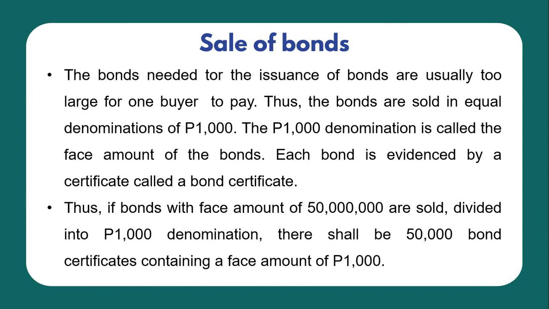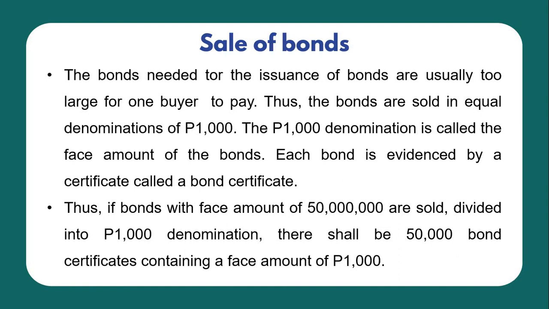So, how does an issuing entity issue when there is a sale of bonds? Again, as I've mentioned earlier, a bond certificate is the supporting document of the bondholder certifying that he has an investment in this entity in the form of bonds.